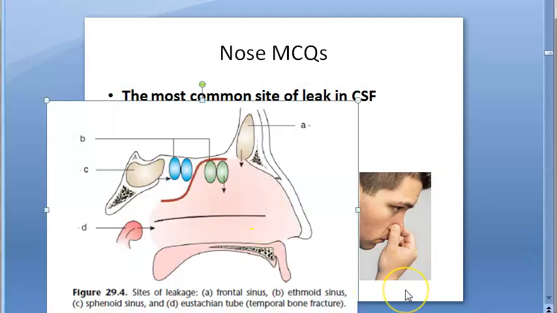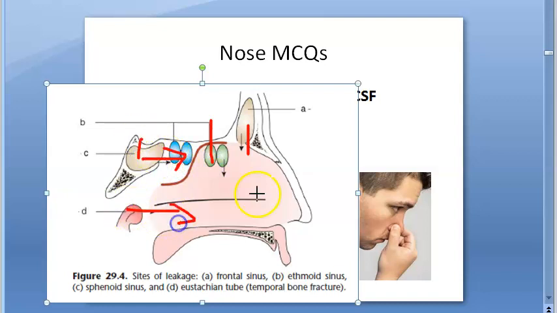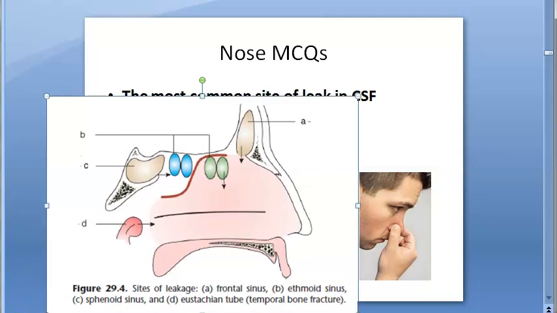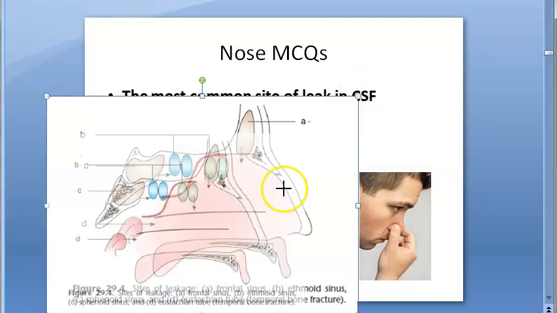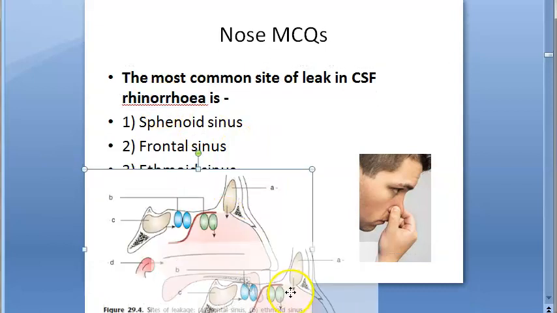Sites of leakage are shown here: frontal sinus, ethmoid sinus, sphenoid sinus, and eustachian tube. Basically they're talking about CSF rhinorrhoea, into the nose. This question specifies rhinorrhoea, so via the nose itself.